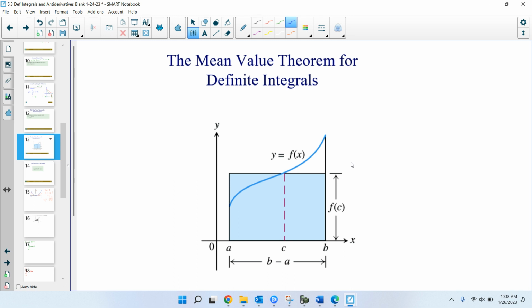Remember, there's a certain time, c, where the function takes on its average value. And it's not always halfway between the interval, right? It's not always the symmetry that the function has. That c value could be over here, depending on the function. So if you're asked to find out where the function takes on its average value, you're going to have to set the function equal to what the average value was.